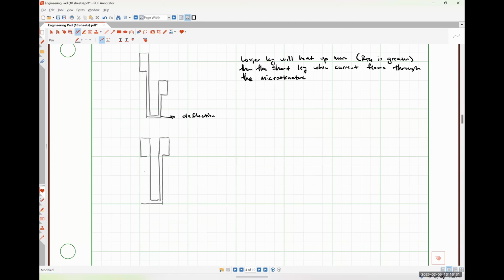So we would have a hot leg and a cold leg, right? So this will be the hot leg. RTH is large. This will be the cold leg.